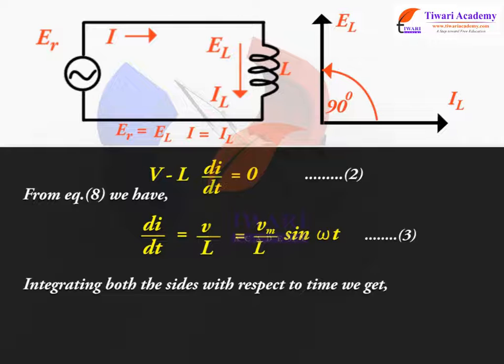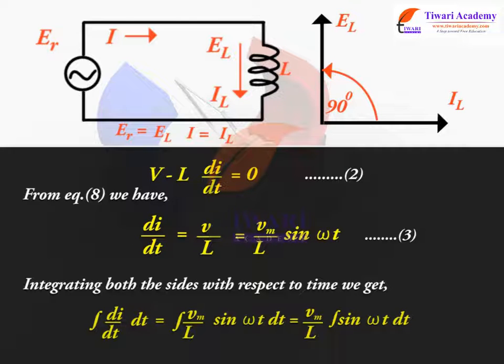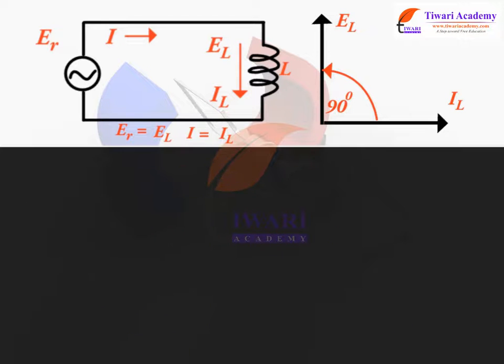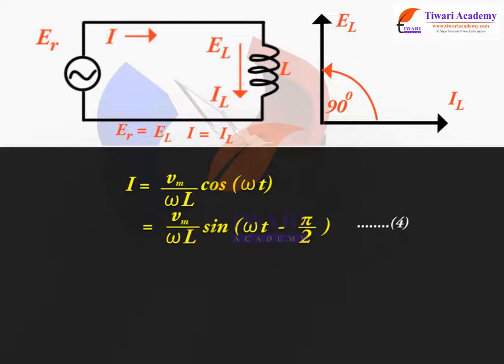Integrating both the sides with respect to time, we get ∫(di/dt)dt = ∫(Vm/L) sin ωt dt = Vm/L ∫sin ωt dt, or i = −Vm/ωL cos ωt = Vm/ωL sin(ωt − π/2). Equation 4. i = Im sin(ωt − π/2).